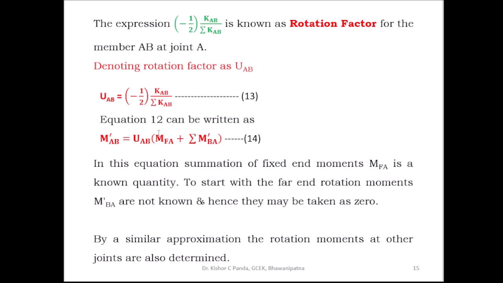You know the fixed end moment of joint A, and you don't know the rotation moment of the far end. So in the first cycle you assume the far end rotation moment as 0, and find the rotation moment of the near end m dash AB. Similarly, the rotation moments at other joints are also determined.